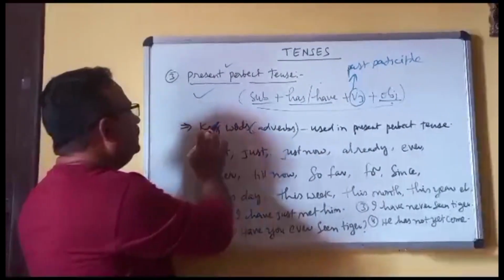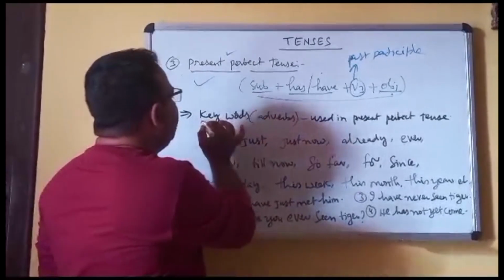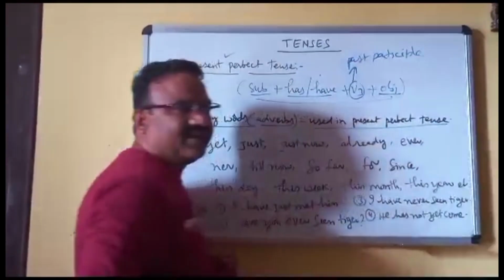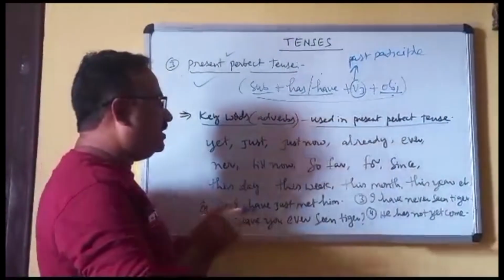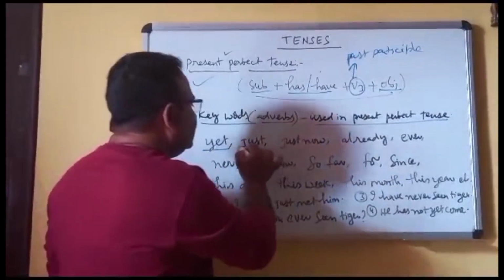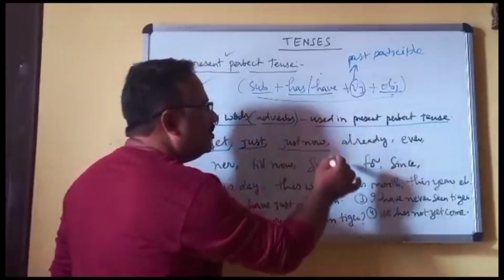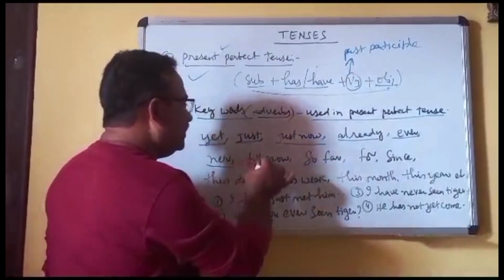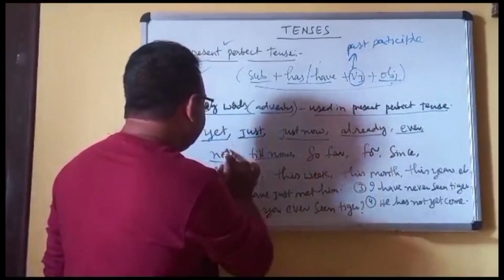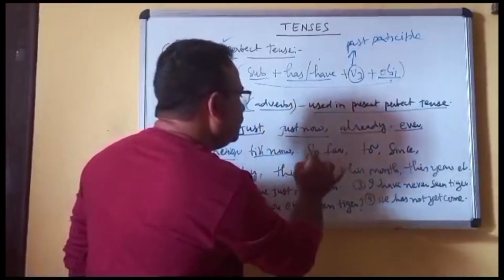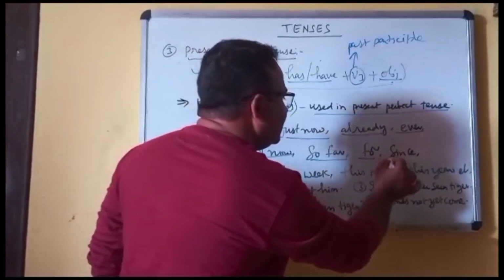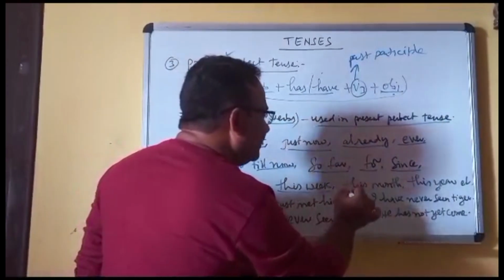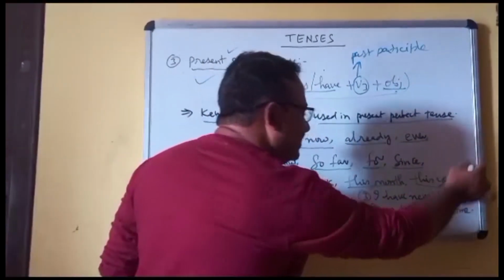Last condition: you have some keywords, that is, adverbs used in present perfect tense. What are they? Let us see. Yet, just now, already, ever, never, till now, so far, for, since, this day, this week, this month, this year.